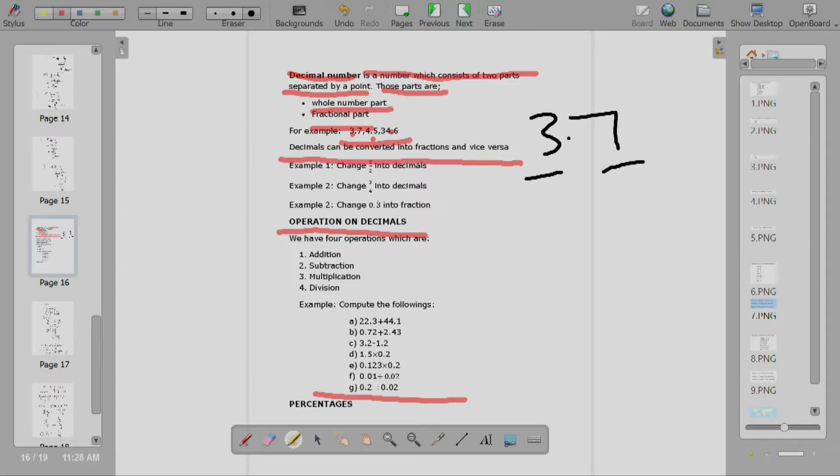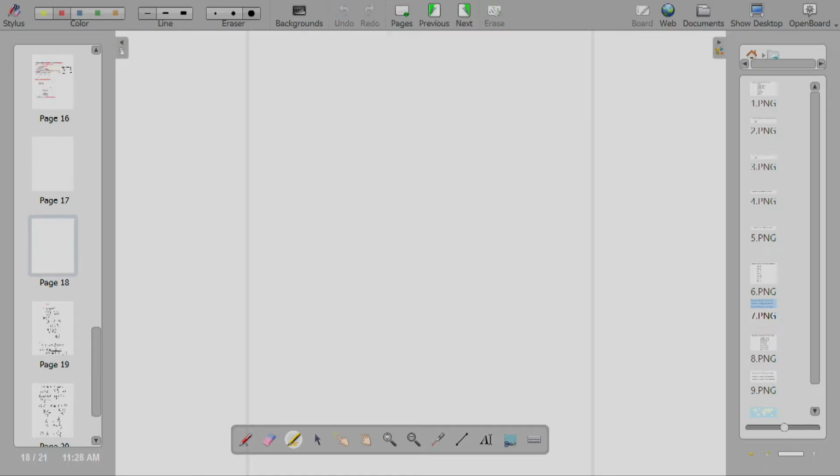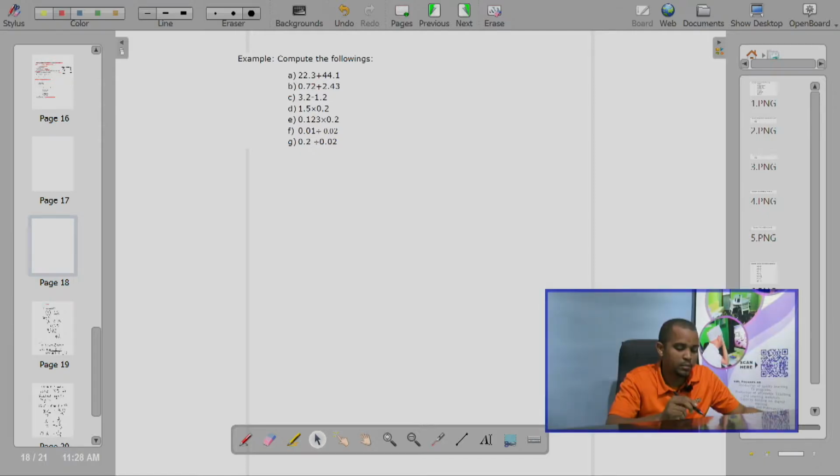So let's do an example concerning operation on decimals. We were given this example, and we are required to compute the following operations.